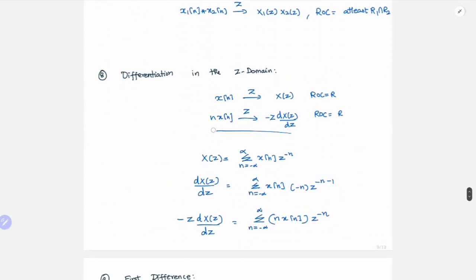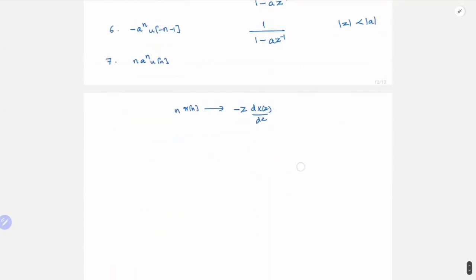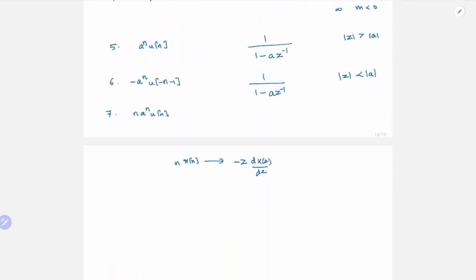So using that, what will we get here? We'll be getting differentiation of this, which is nothing but 1 minus 1 by 1 minus a z inverse whole square, minus 1 into minus a z power minus 2 into minus 1. And this we have to multiply with minus z. So what will we get?